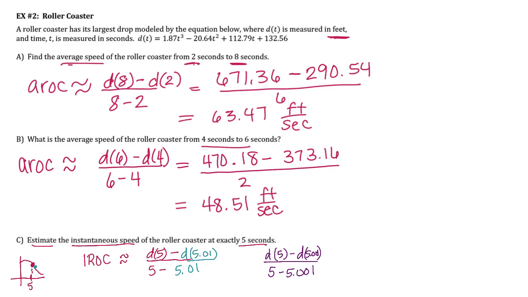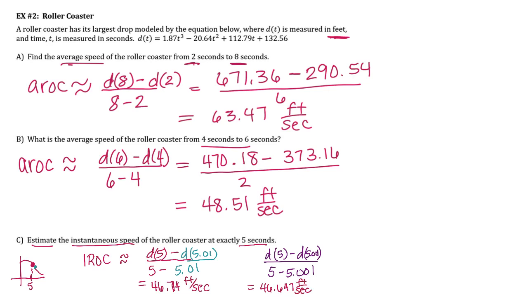Now at 5.01, it looks like you should get a value after your number crunching, that value should be 46.714 feet per second. And then over on this one here with the 001, that's going to be about 46.647 feet per second.